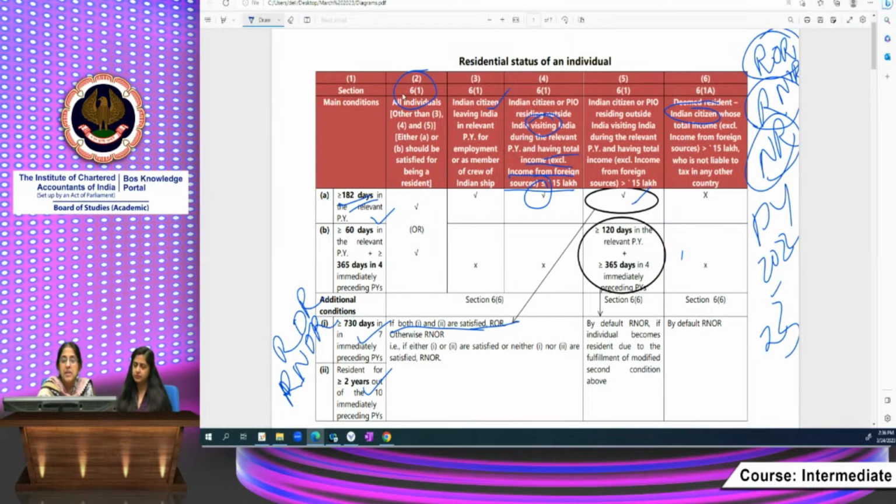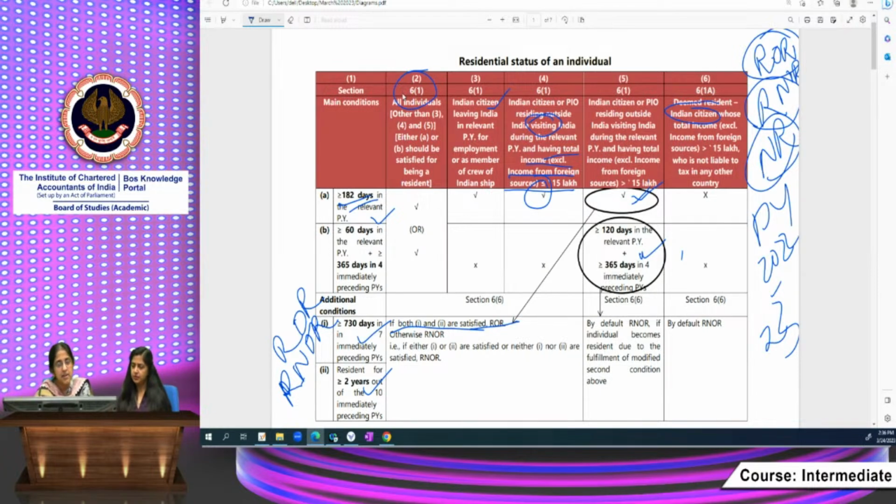Likewise, a person who becomes a resident by virtue of satisfaction of the second condition, that is, an Indian citizen or a person residing outside India who comes on a visit to India, having total income excluding income from foreign sources greater than 15 lakh. In his case, he doesn't satisfy the 182 days condition. His stay in India is less than 182 days, but it's more than 120 days.